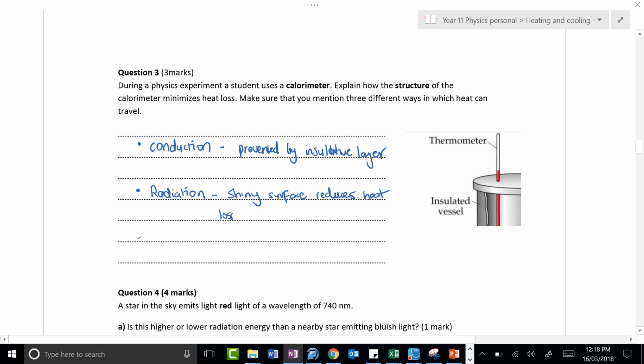And convection: a tight seal to prevent loss through convection.